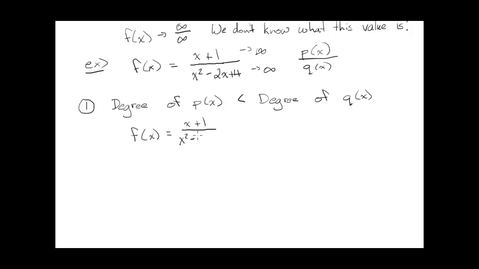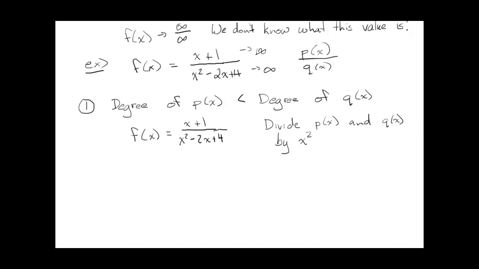What we'll do for this one is a little trick. I'm going to divide the numerator and denominator by the term with the highest power. So divide p(x) and q(x) by the term with the highest power, which in this case is x². And that's allowed.